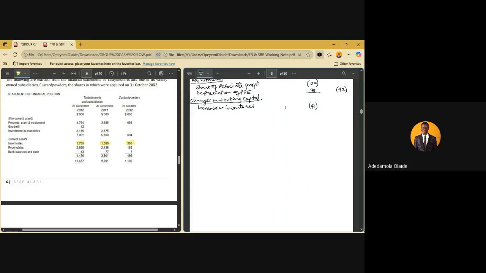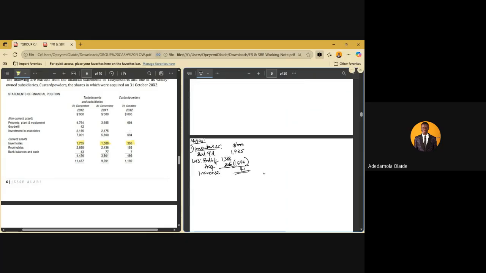The next is our receivables. We have balance carried down, 2658. Less balance brought forward, which is how much? 2436.